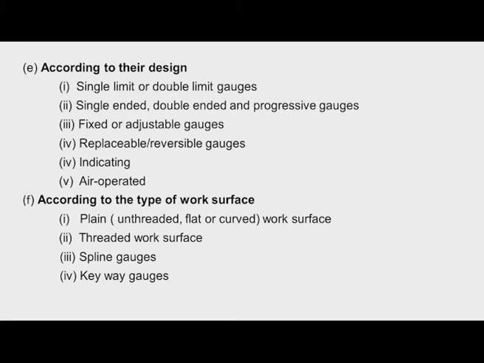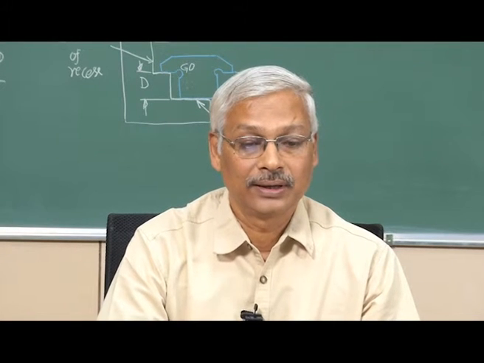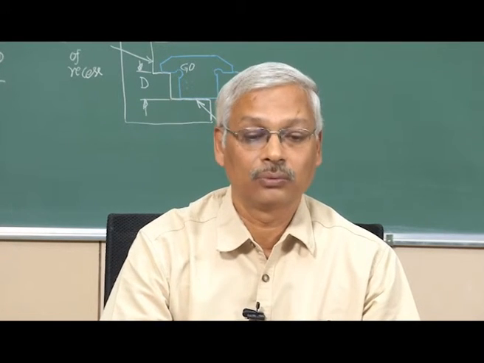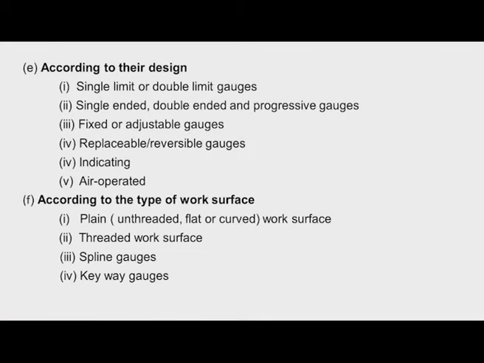If there is any indicating mechanism, they are called indicating gauges, and if air is used for gauging purpose, we say air gauges. And according to the type of work surface that is checked, they are classified as plain work surface gauges, threaded gauges, then the spline gauges, and then keyway gauges.